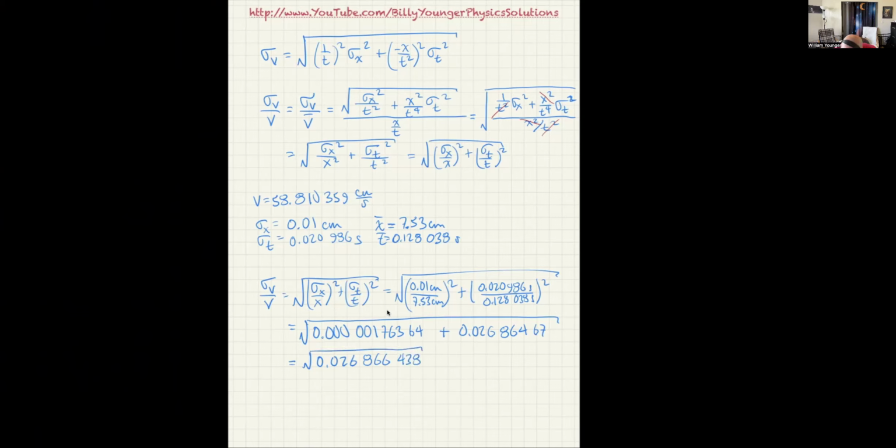Now I just take the square root of that, and that gives me a fractional uncertainty of 0.163910.